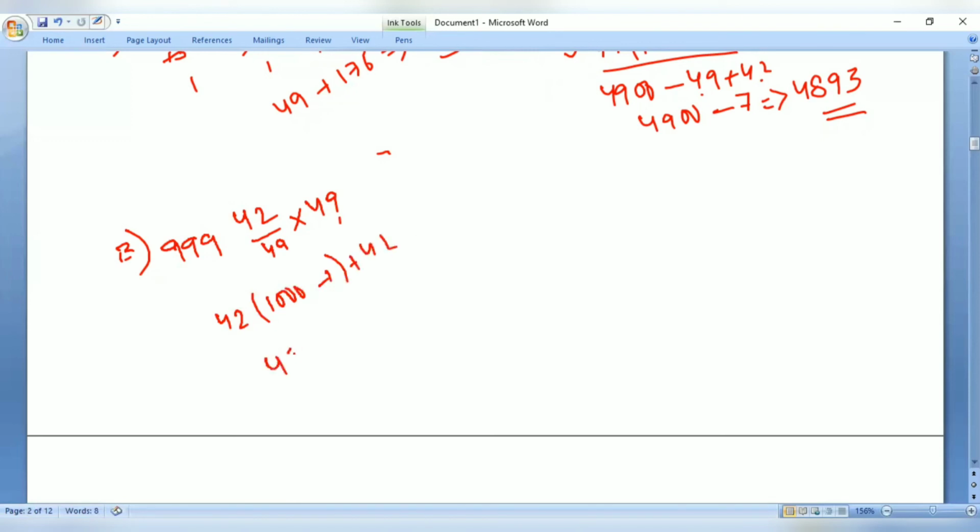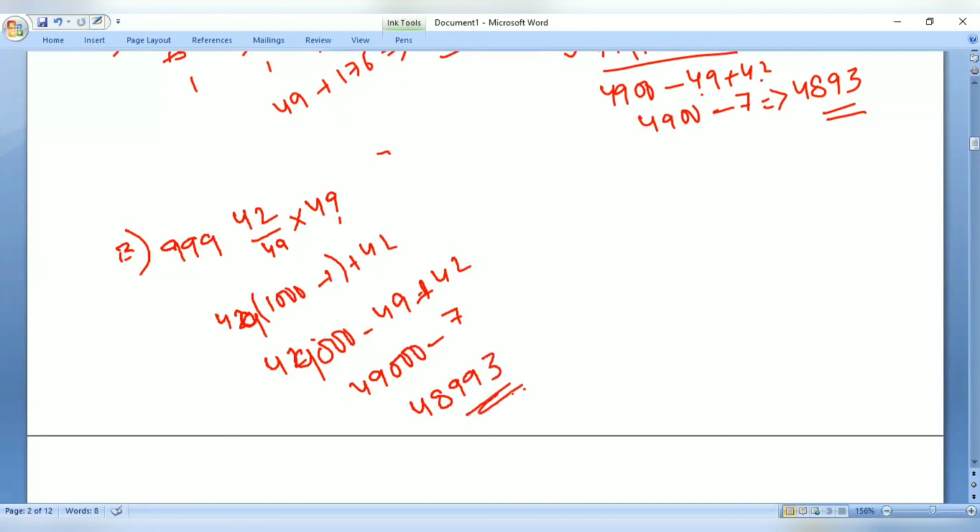So 49,000 minus 49 plus 42. So this is 49,000 minus 7. So it becomes 48,993. That is how we'll solve the multiplication based questions.